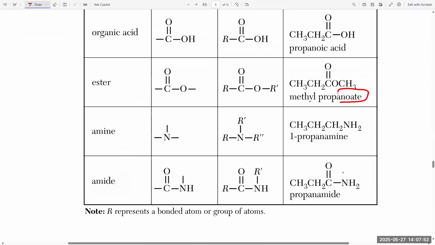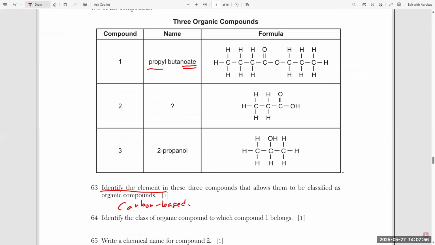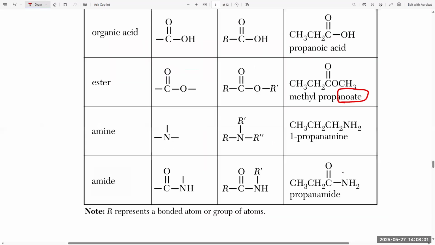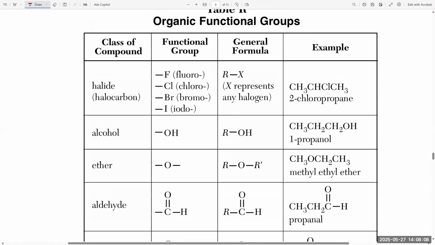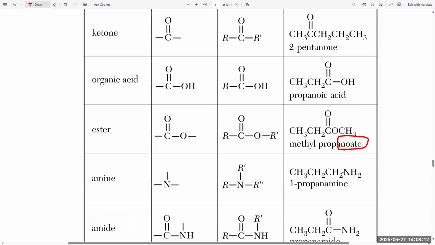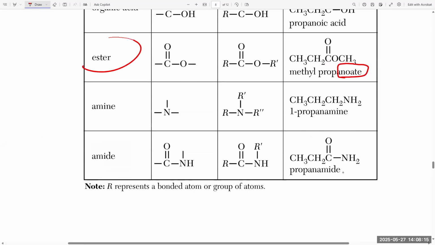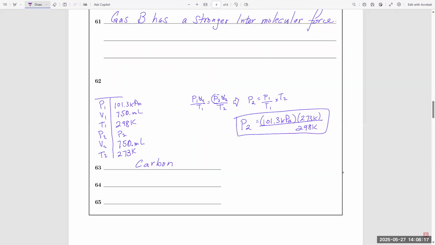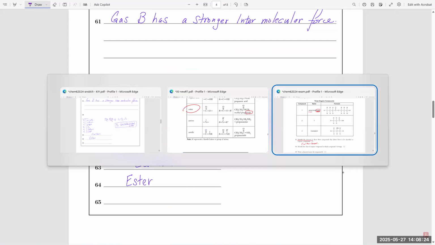Oate is right here, right? So this is the same thing as this, right? You're looking for the ending. And if you look through those, you'll know this is the only one that has the same ending, right? Which means what? How do we know class is? Class of compound is the first column. So therefore, this would be an ester. So you would write ester for 64. All right, let's continue.